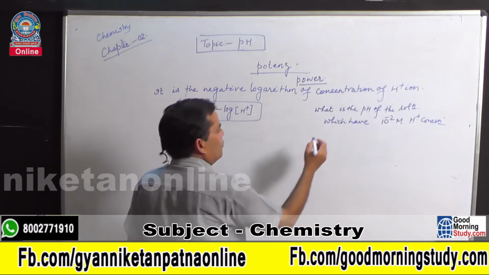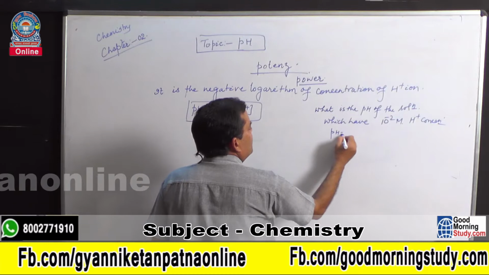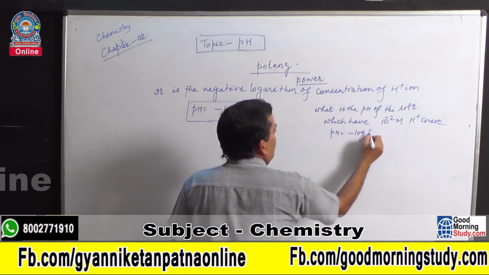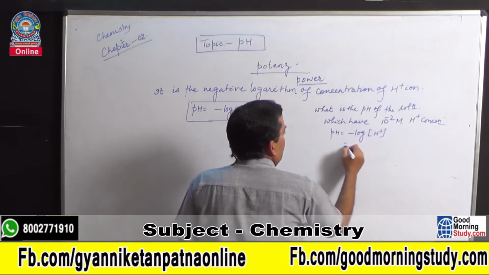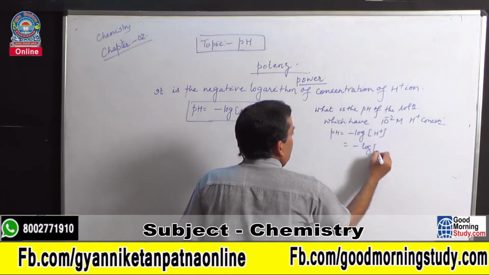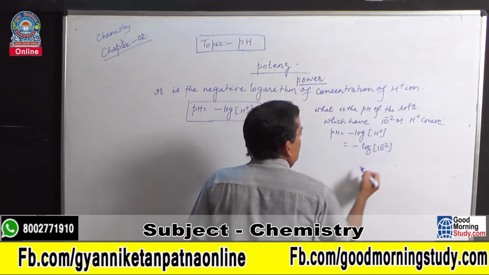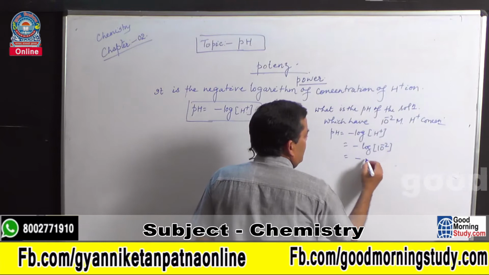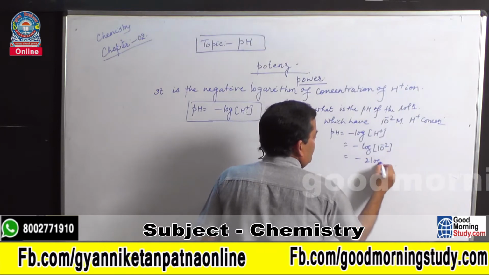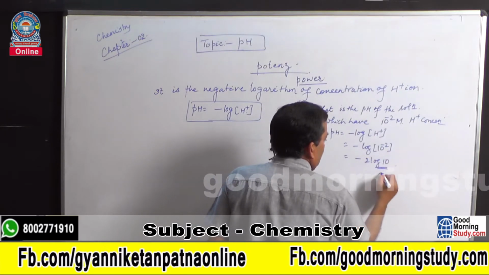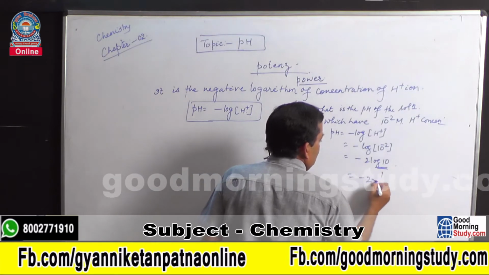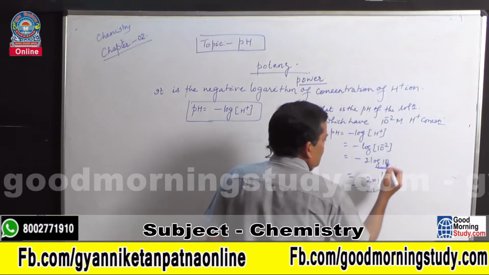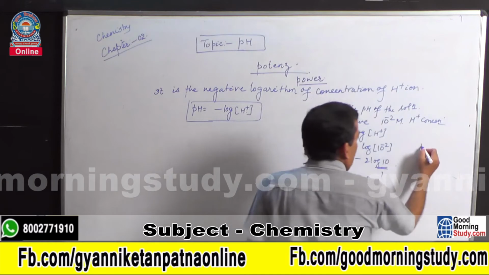Now according to this formula, pH is equal to minus log H plus ion, that will be minus log 10 to the power minus 2, that will be minus 2 log 10. Log 10 is equal to 1, hence minus 2 into 1, that will be 2, so the pH will be 2.